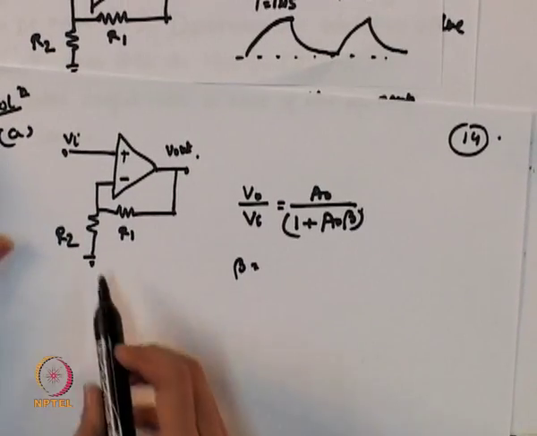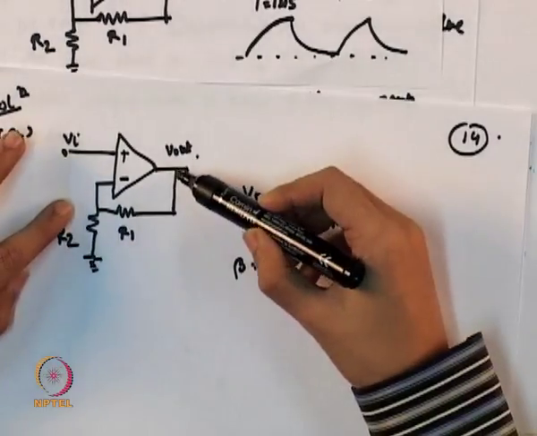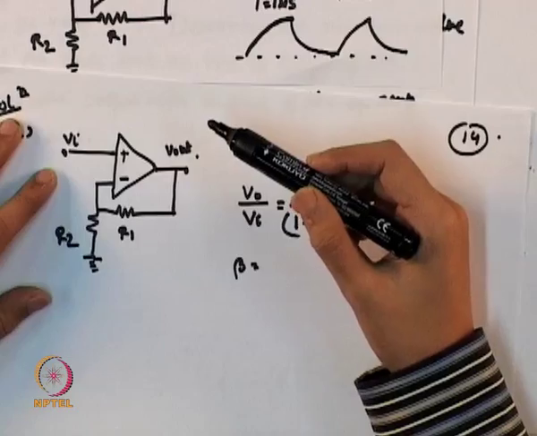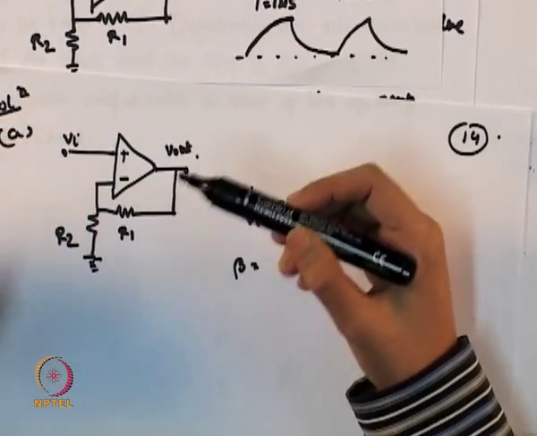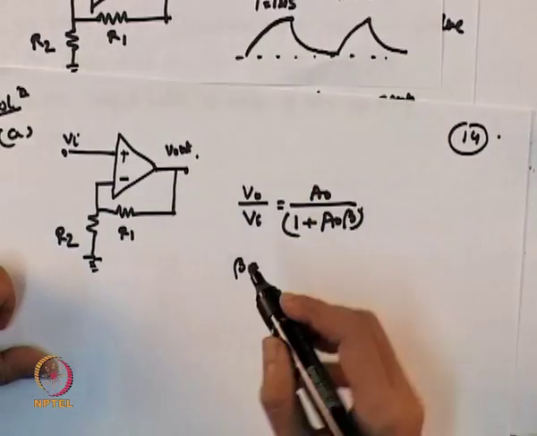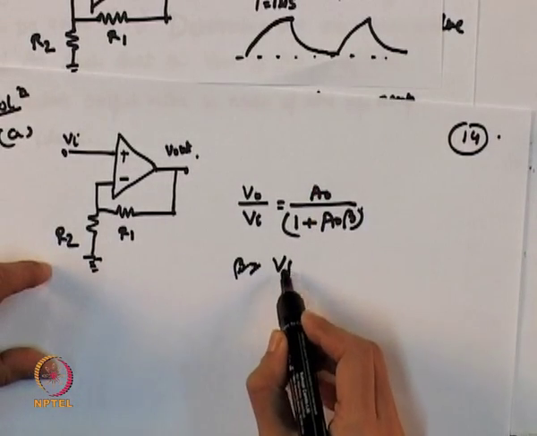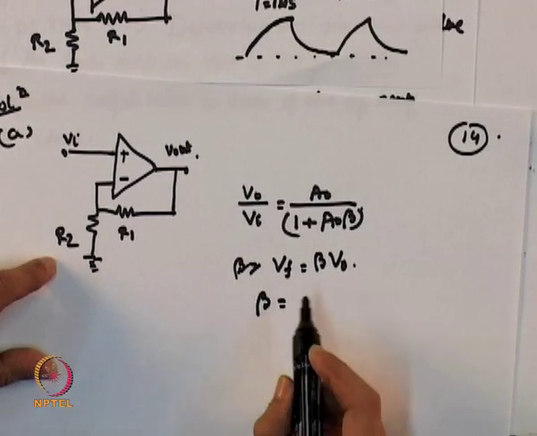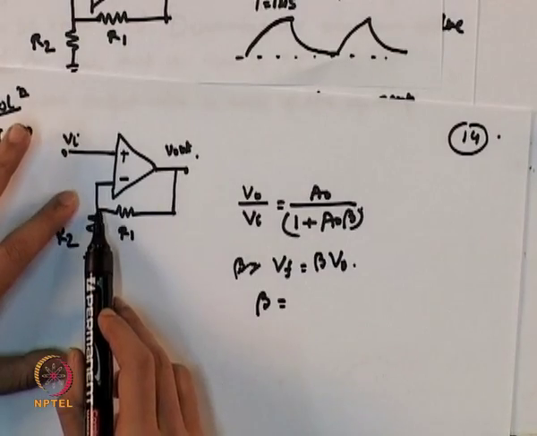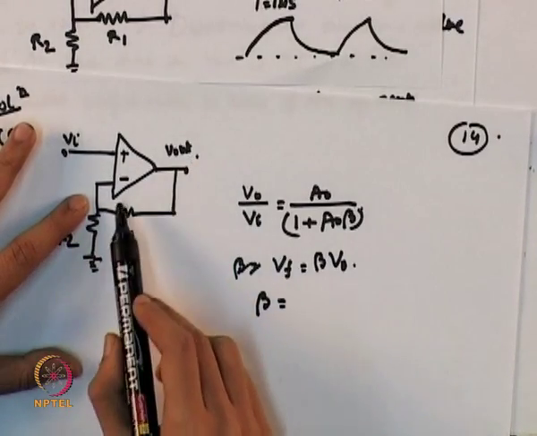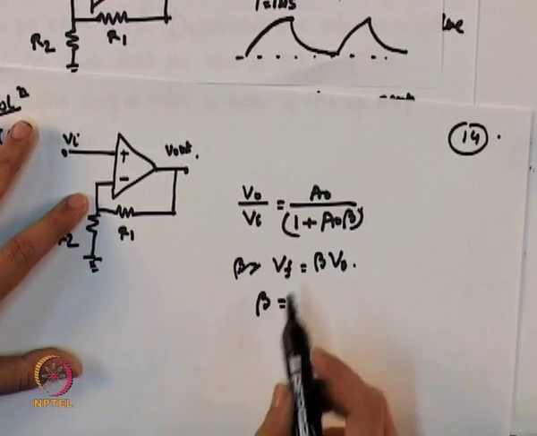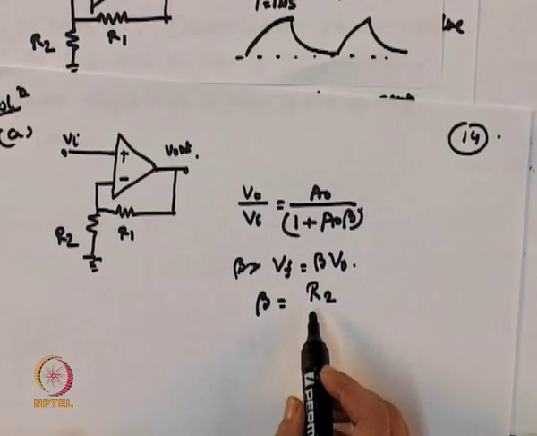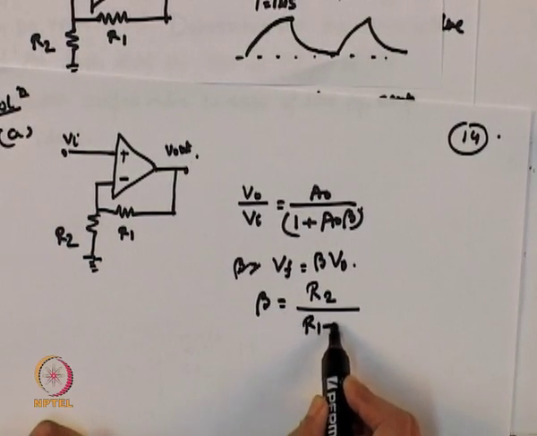Feedback factor means how much portion of the output voltage is being sampled and fed back to our input. So, beta is the amount of feedback. Generally, we define Vf equal to beta V0, and in our case R2 is the potential divider of the output voltage, feeding back to the input. So, from the potential divider, one can find out that beta is R2 by R1 plus R2.